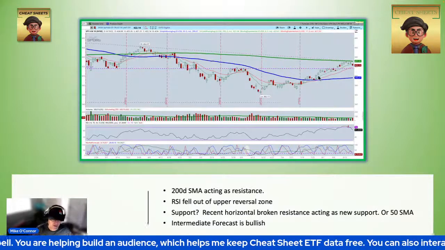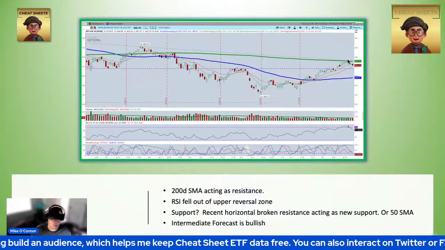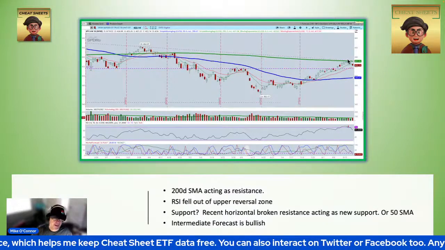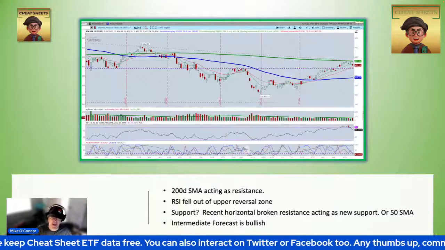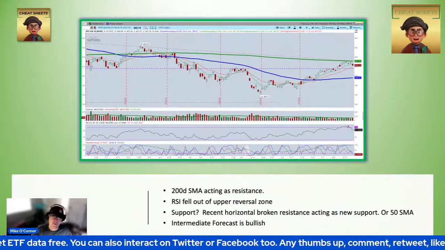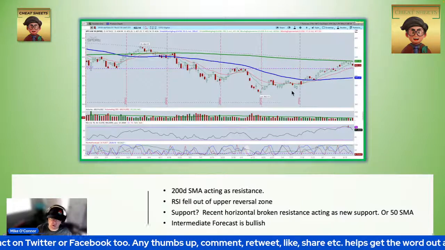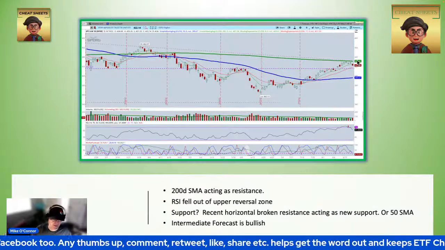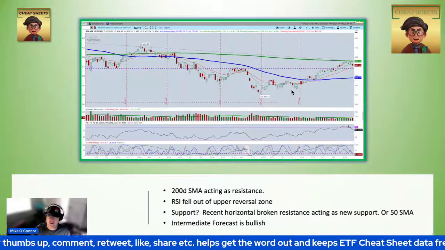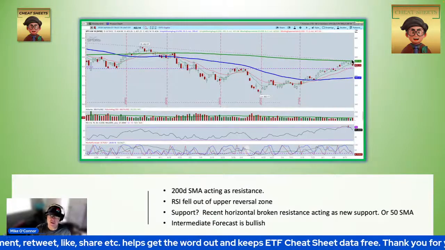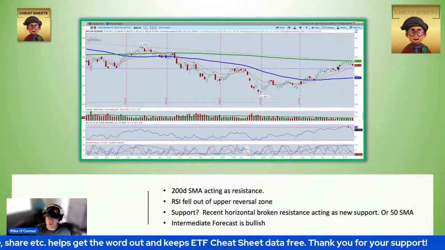Now, it hasn't failed, but until we get through this 200-day moving average and certain cheat sheet indicators turn from mildly bullish or bearish to more bullish or somewhat bullish, we'd have to agree that right now, even though it's lasted 2-3 months, this rally is nothing more than a rip to the upside in the context of an overall downtrend.